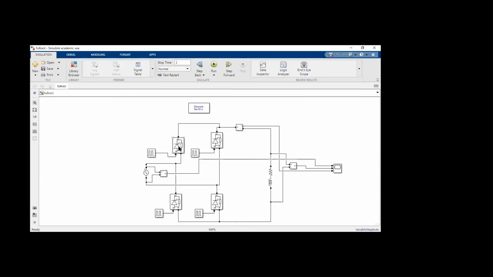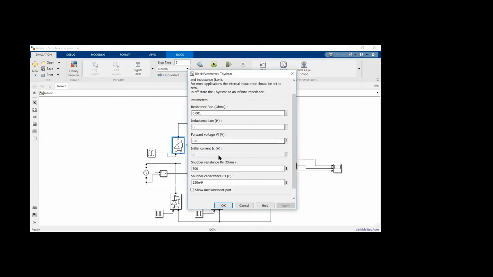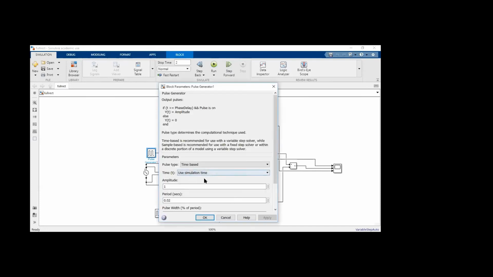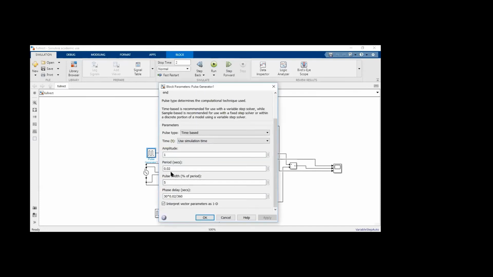So now let me take the full wave rectifier. Here what I have considered: if you observe here, thyristors I have considered, and here this is 1, 2, 3, 4. Thyristors 1 and 4 will be conducting during the positive half cycle. Now you see, for this pulse generator I have considered a period of 0.02 seconds and the phase delay is 30 into 0.02 by 360.